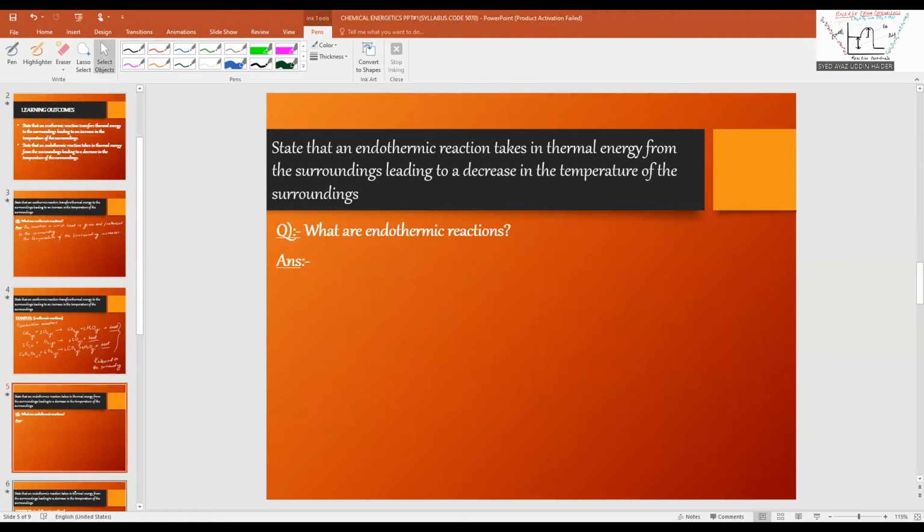What are endothermic reactions? The definition of endothermic reaction is opposite to that of exothermic reactions, which means the reaction in which heat is absorbed or taken in from the surrounding. Let me write the reaction.